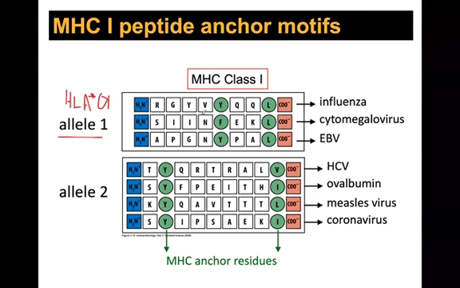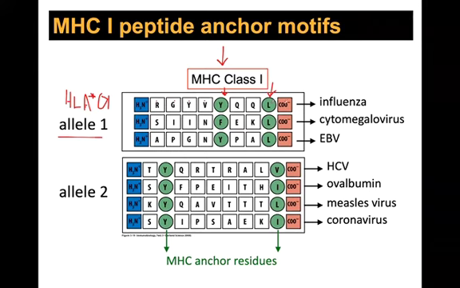When you look at all of the peptides that bind to that, they have a strong preference for a bulky side chain at the 5th position, so 1, 2, 3, 4, 5, and a strong preference for a leucine residue at the 8th position.